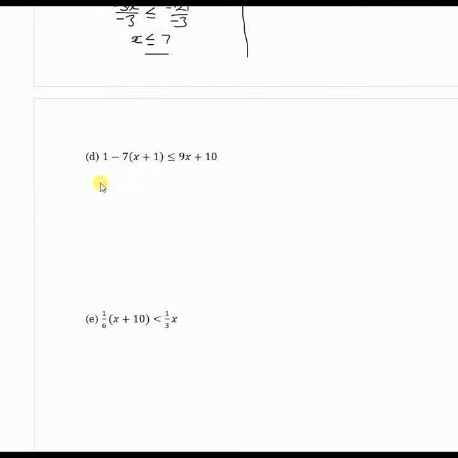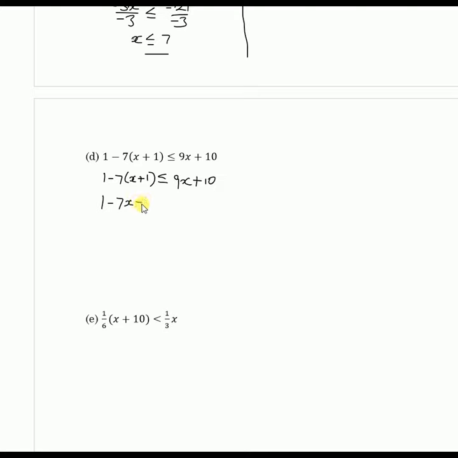Part D, let us open the brackets. 1 minus 7x, this minus 7 times x, then this is a minus and this one is always a plus.